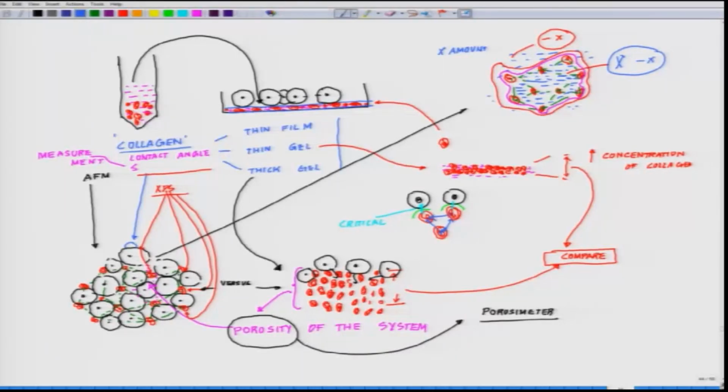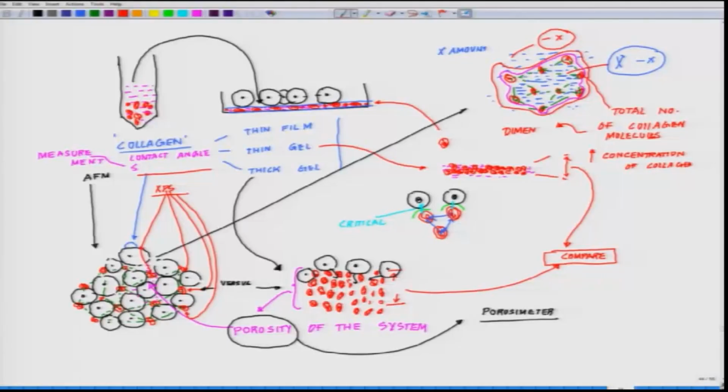Now, in this molecule, you know the dimension of the collagen and the total number of collagen molecules. And if you know the total number of collagen molecules, that you have to, of course, back calculate using Avogadro's number, from the concentration you started with, and the dimension of it.